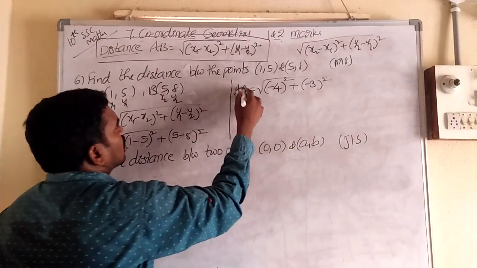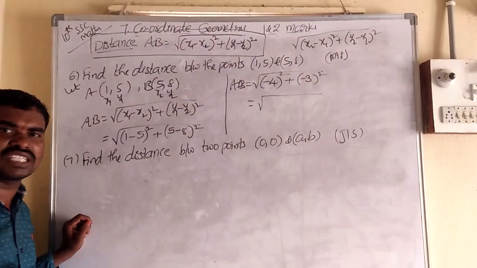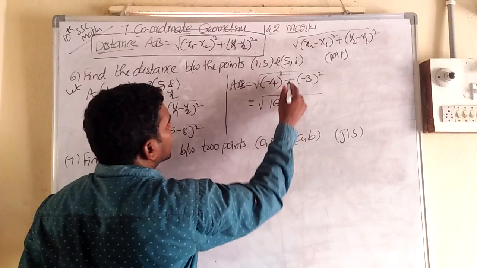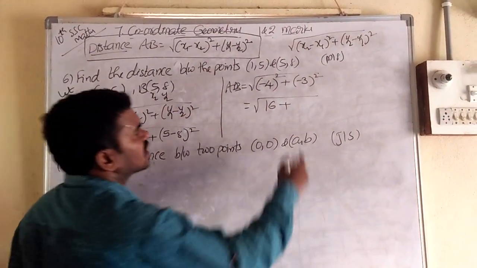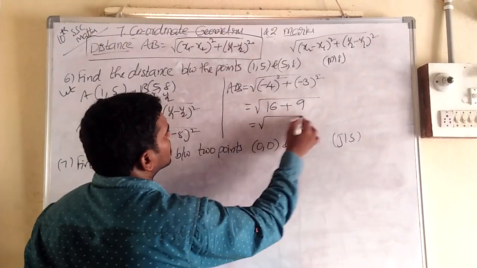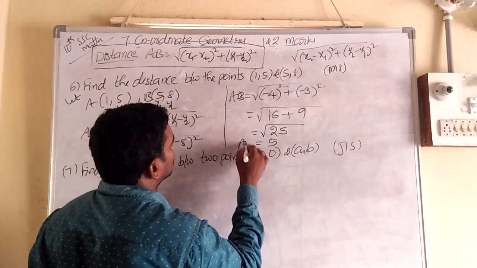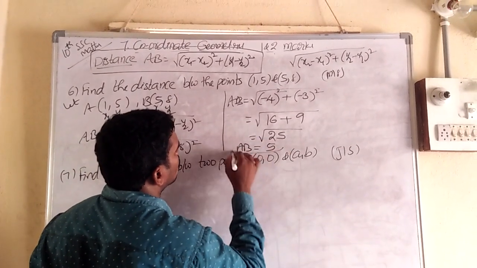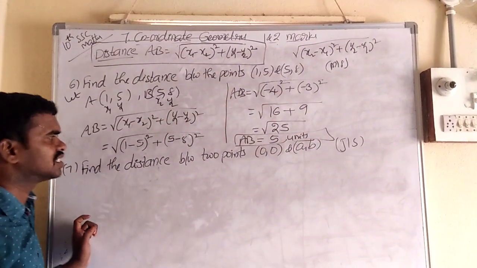Then minus 4 whole square, minus 4 into minus 4 is plus 16. Next plus minus 3 whole square, minus 3 into minus 3 is plus 9. So 16 plus 9 how much? 25. Root 25 means what? 5. So the distance between those points is AB equal to 5 units. So this is the distance.